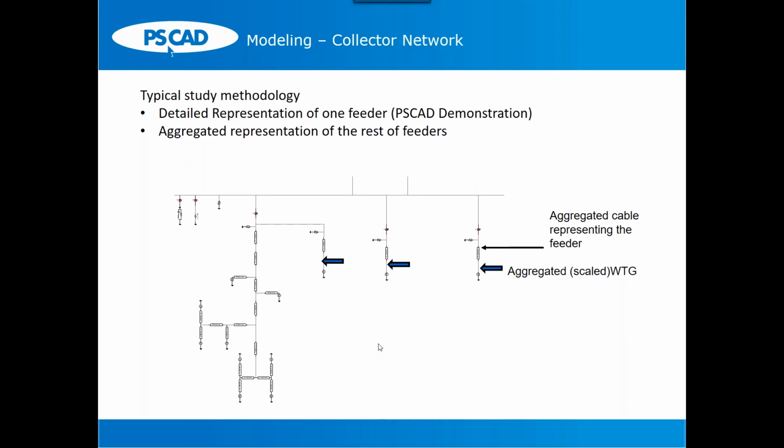So at this point, I will break for a minute and demonstrate to you how you may build or develop this feeder network in PSCAD. Typically, you will get the cable or overhead line segment lengths and RXB values in a data sheet, which you can easily translate to a PSSE or similar data format.